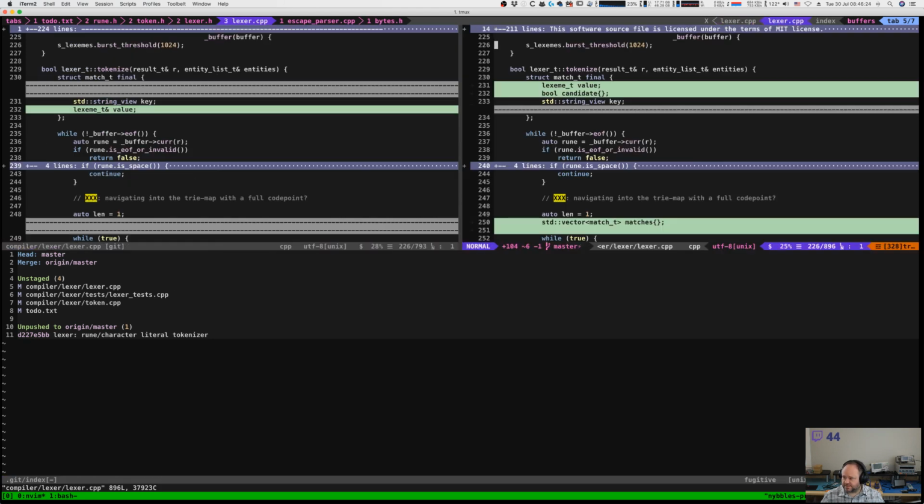Then in the lexer, on our matching structure, I was trying to track a reference to the lexeme structure. I changed that, I think because I broke the loop at one point and then forgot to take out the reference. So I fixed that, and we have a candidate flag now.